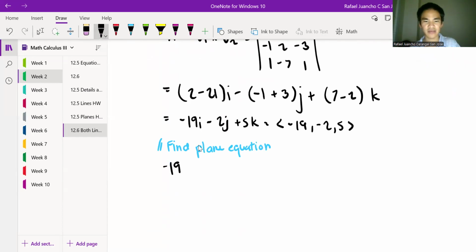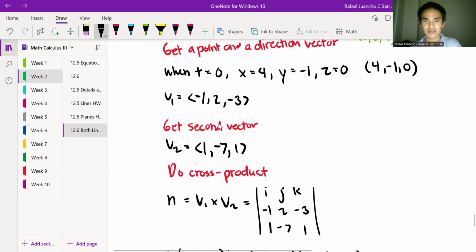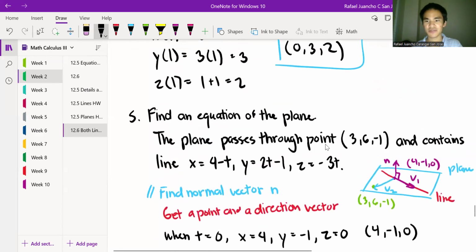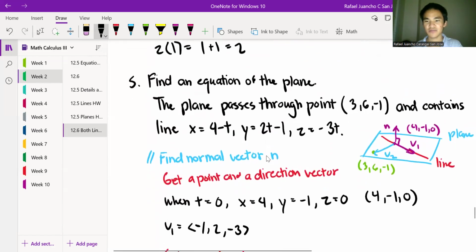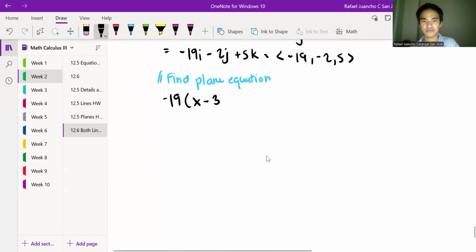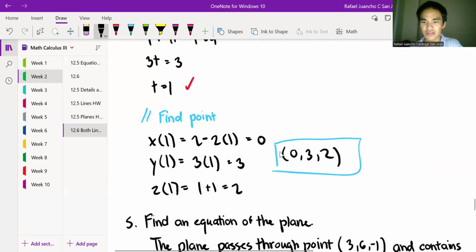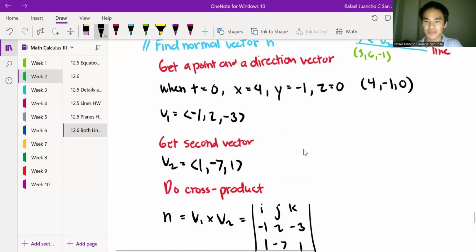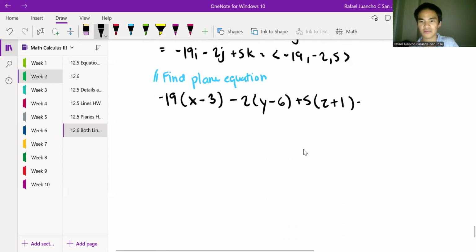So we have negative 19x minus our initial point, which is this one, 3, 6, negative 1. So x minus 3, minus 2, y minus 6, plus 5, z plus 1, I think. Because this was a minus. Yeah, so it's plus 1. Now, this is equal to 0. Oh no, actually, it's negative. This is negative.